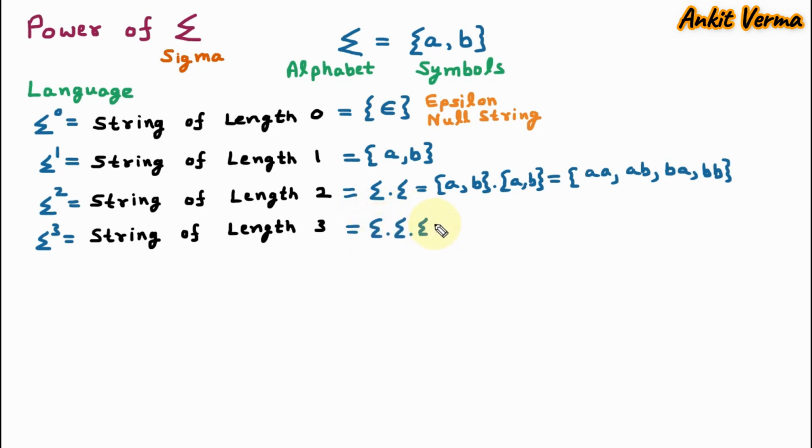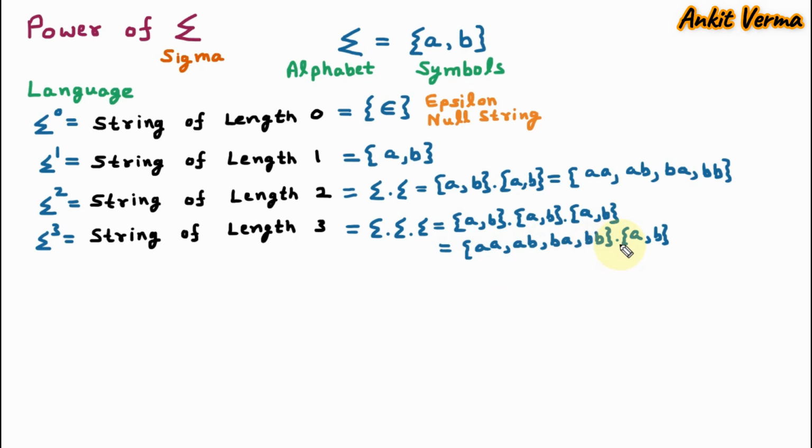So further we can write the set {a, b} and then multiply with the set {a, b} and further multiply with the set {a, b}. Multiplication of the first two we have already done, so that will be equal to aa, ab, ba, bb, and that will be multiplied with the set {a, b}.